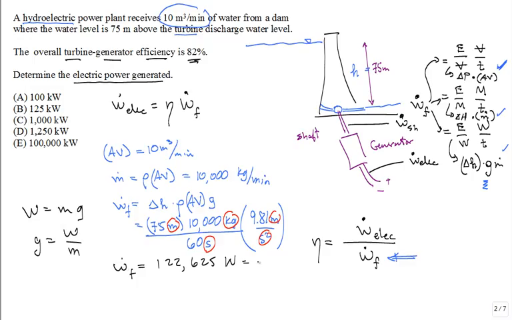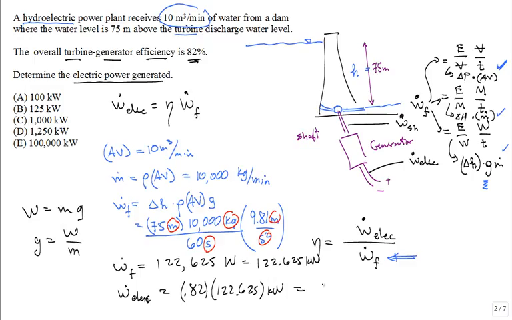Let's go ahead and convert that to 122.625 kilowatts. And then if we want the W dot electric, multiply that by the 82%, 0.82, times 122.625 kilowatts. And what do we get?